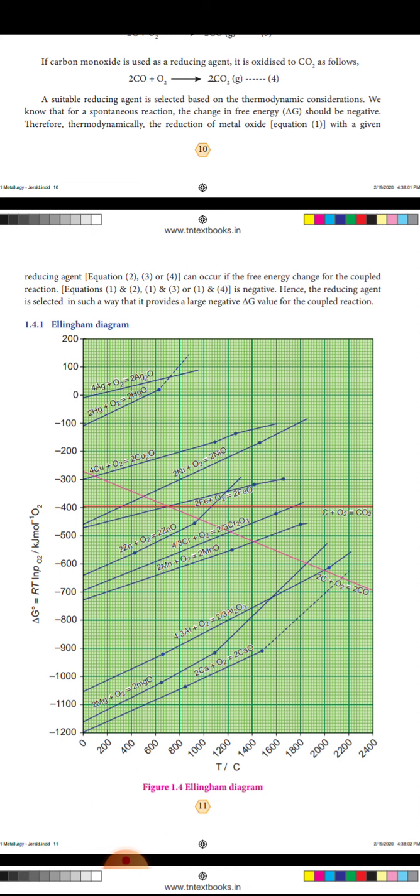This indicates the thermodynamic view of the Ellingham diagram. The delta G0 value is always negative for different metal ions.